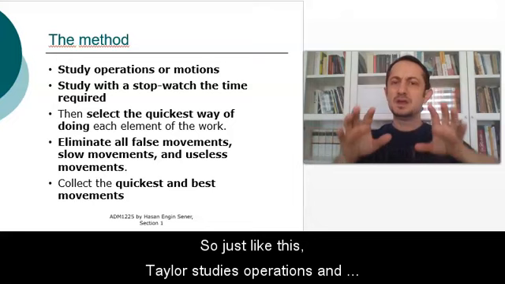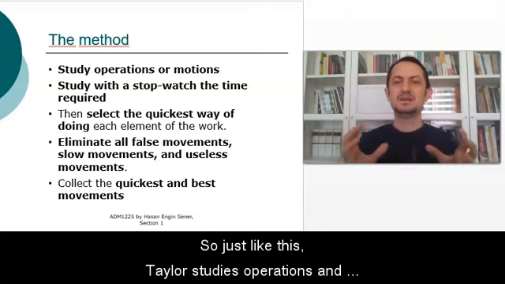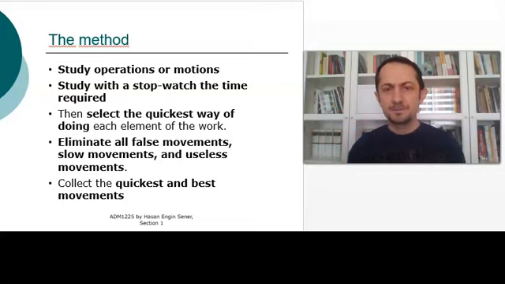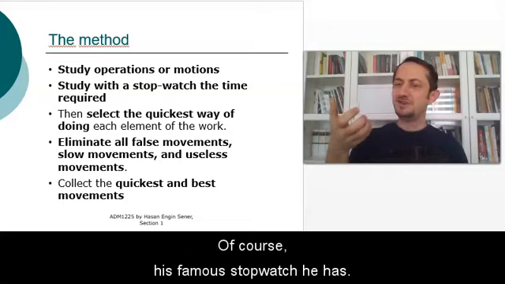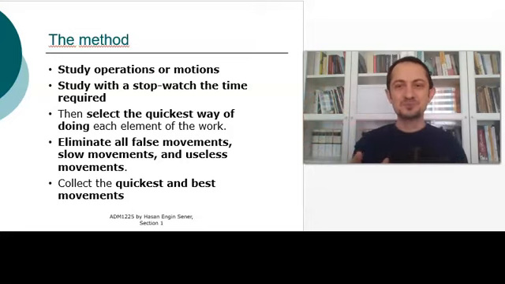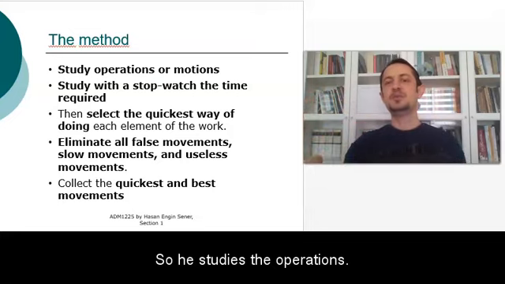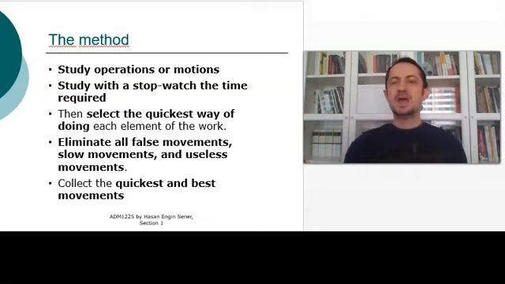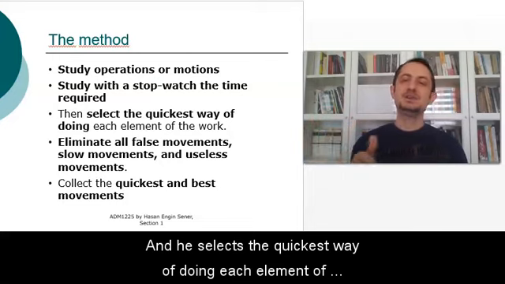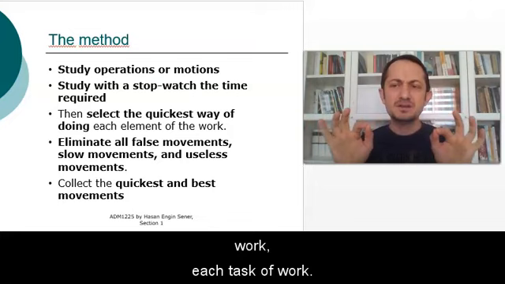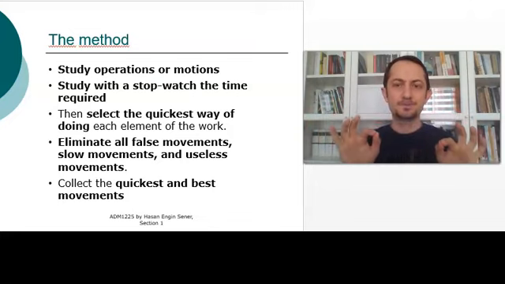So just like this, Taylor studies operations or motions of a worker. Of course, his famous stopwatch he has. So he studies the operations, he uses his stopwatch, and he selects the quickest way of doing each element of work, each task of work.